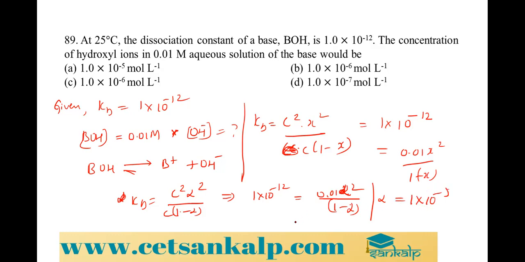ಇದೇನಾಗಬೇಕು ಹೇಳಿ, OH minus ion concentration, that is equal to C into alpha, that is equal to 0.01 into 10 to the power of minus 5, that is equal to 1 into 10 to the power of minus 7 mole per liter.